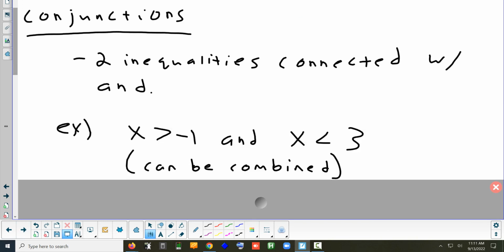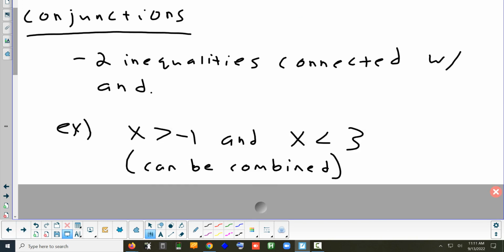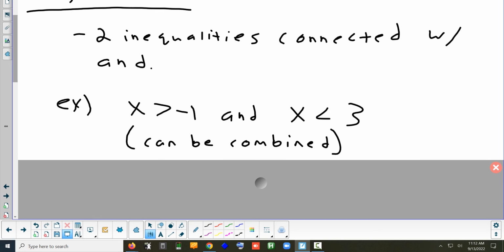So when you have a conjunction, that's two inequalities connected with the word and. Does anybody remember how you can combine two separate inequalities that are conjunctions into one? I'll give you a hint. You usually start with the x in the middle, and there's two ways to do it.